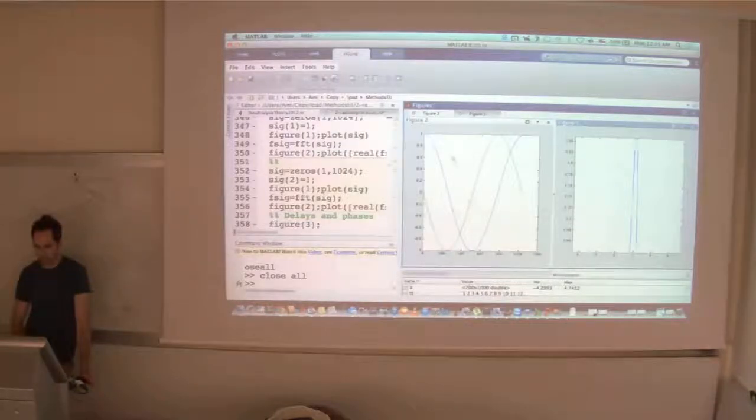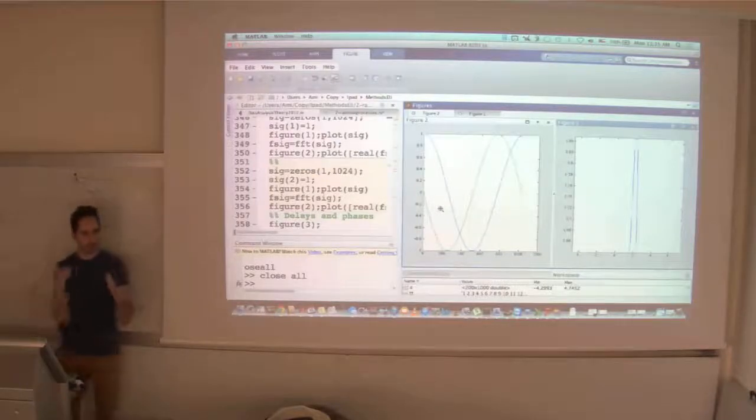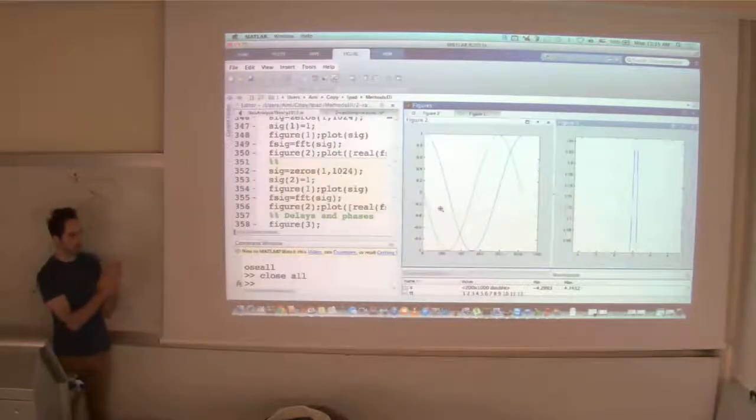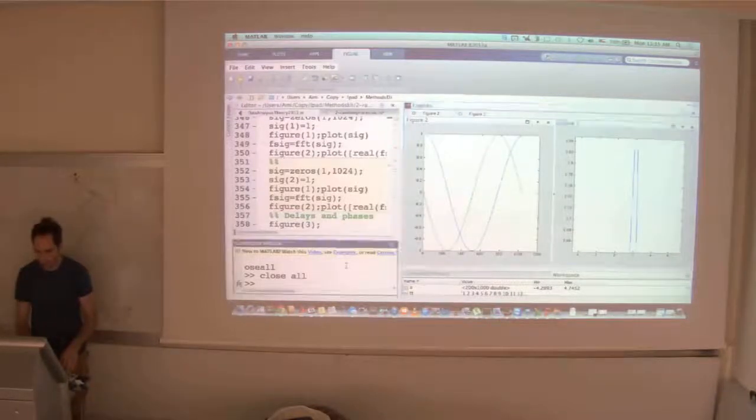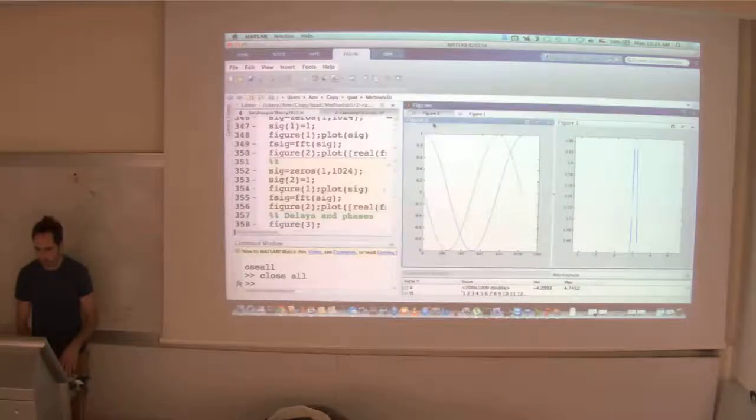Why is this? Intuitively, when we moved the spike, the click, by one bit, we now actually want to delay all the different frequencies that we had in the beginning to have the click in another place, right? So this is the intuitive way to say it, and if I plot not the real and imaginary parts but the absolute part, we will still get the same thing. But the phases are changed.